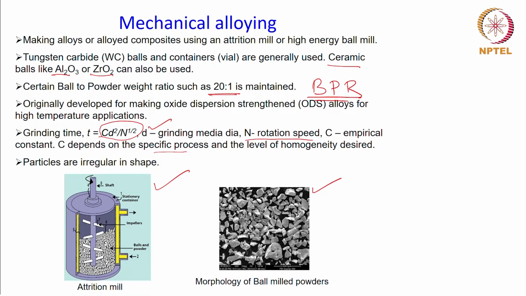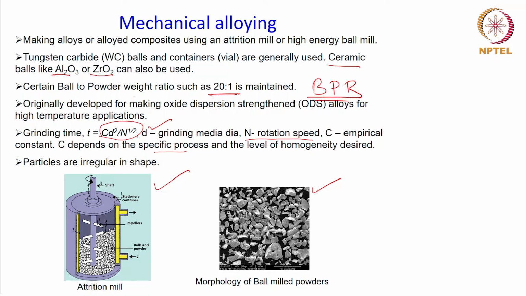Here you have this shaft, and inside this jar which contains the material, the shaft has impellers attached to it at different angles. Then you rotate this shaft, so these impellers also rotate and impact or rub against this material and break it down into smaller fragments and give rise to a powder material.